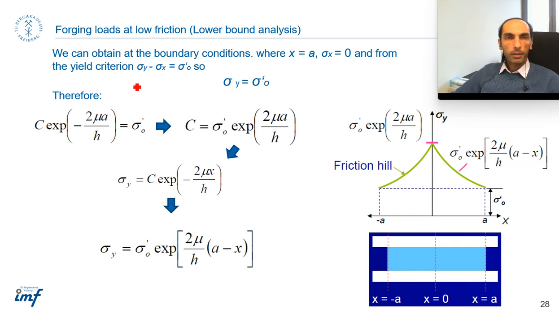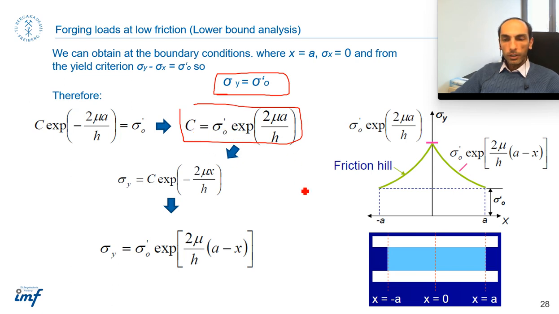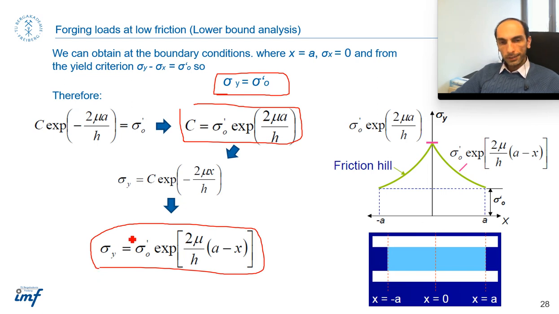We can apply the boundary condition on the left and right planes, x equal to a and sigma x is 0. When you apply it, you obtain such a term, and then applying this to the equation, you obtain the constant value. Put the constant value c0 into the main equation and you obtain this form of the equation. Of course, it's not the final form, but now at least it's not a differential equation, and you have no constant to obtain.